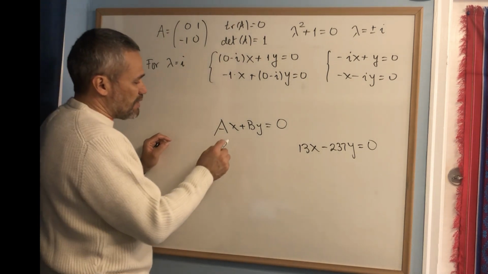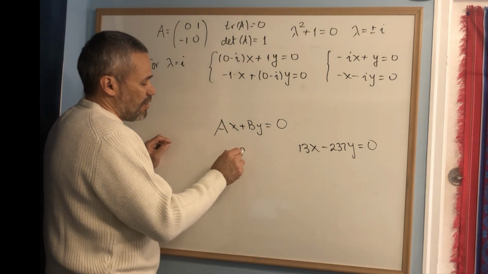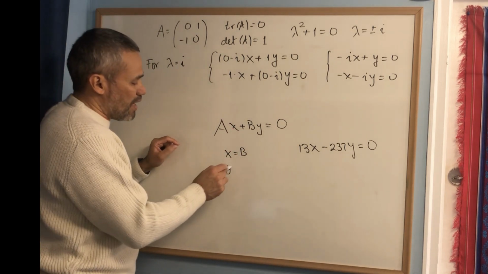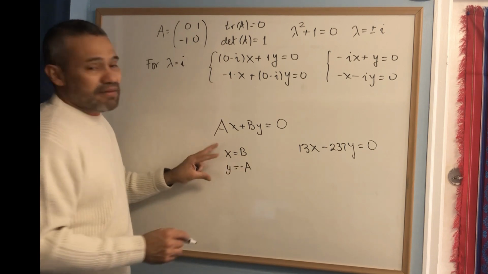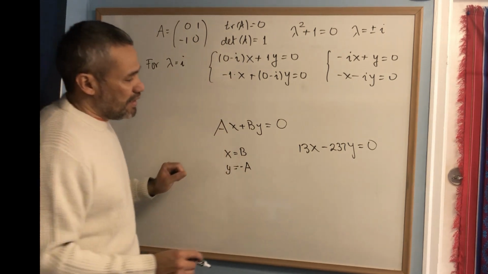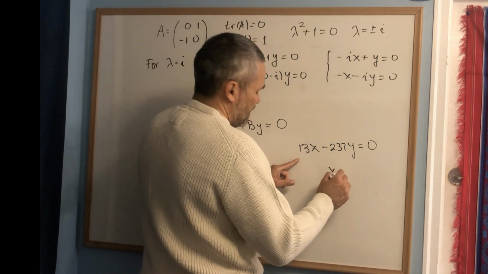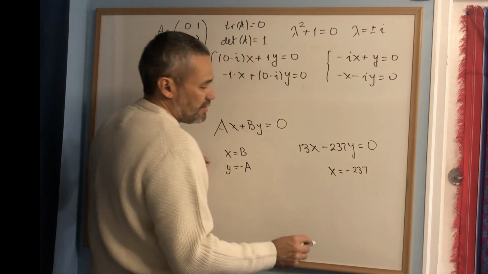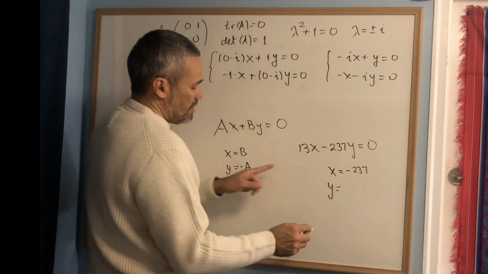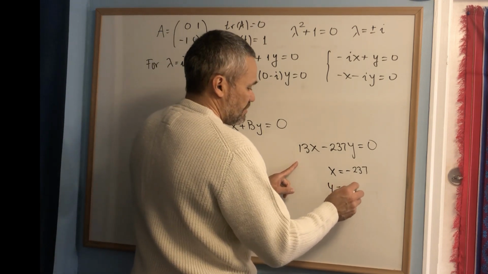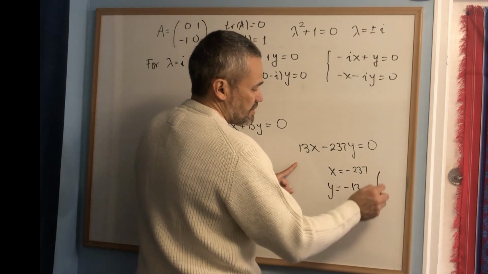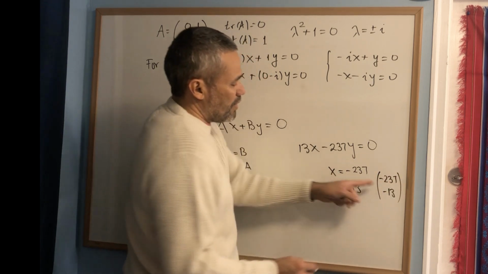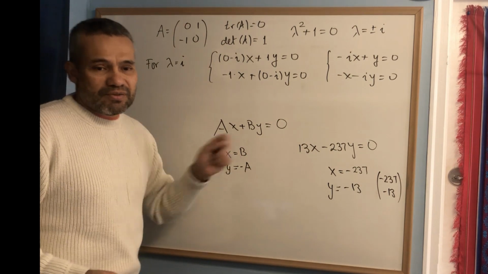We can always pick x equal b. We can make x equal b, and y equal negative a. This will always work. Then for this equation, we can pick x equal negative 237 and y equal negative 13. You can check that this is a solution of this equation.